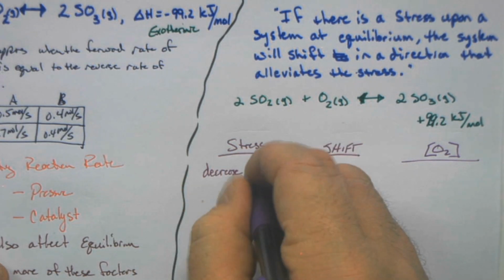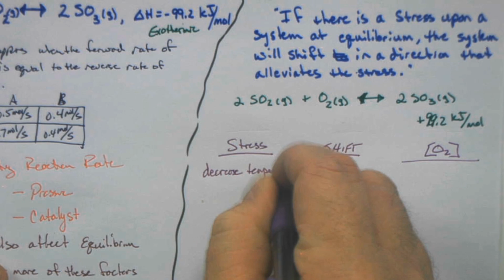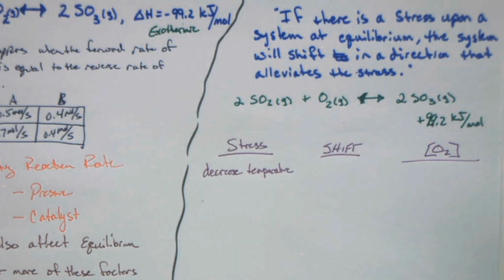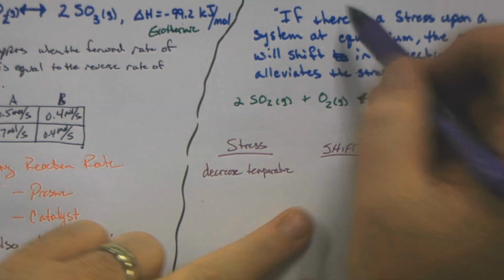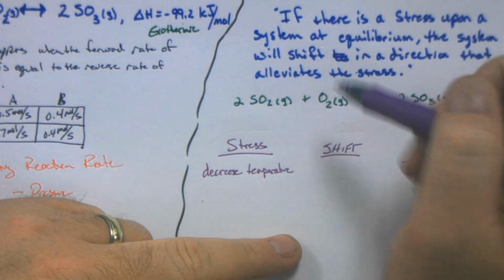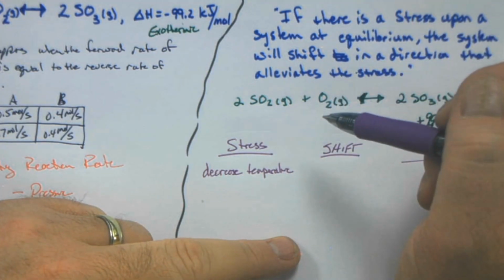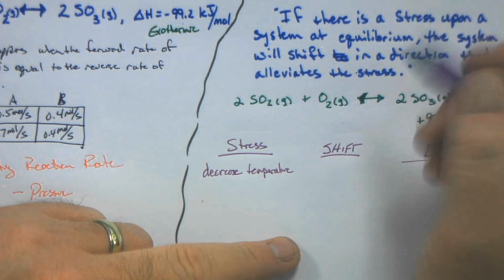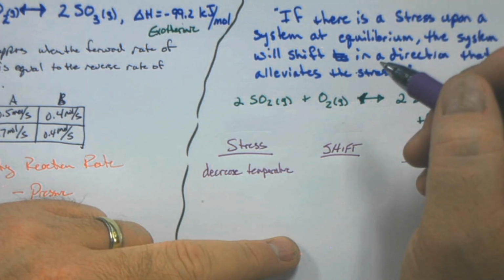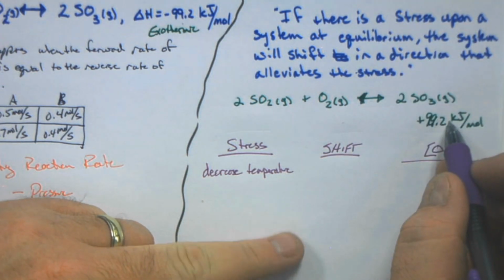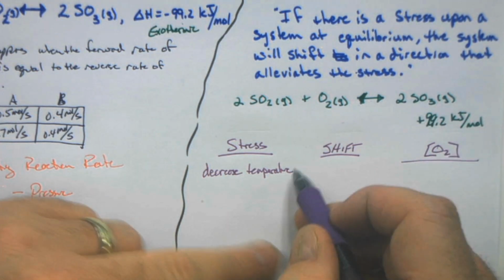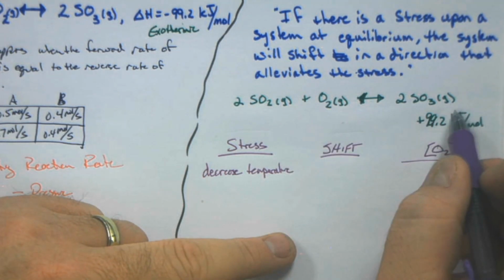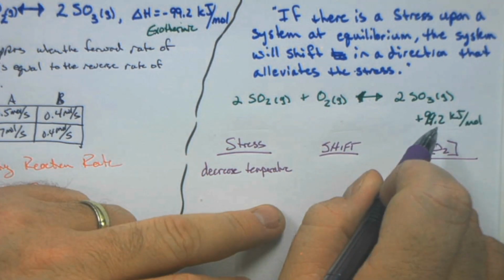All right, so the first one we're going to do is we're going to decrease the temperature. Okay, if we decrease the temperature, I'll walk you guys through it. Le Chatelier, being the jerk that he is, wants to do what? He wants to increase the temperature, right? The way that he increases the temperature is by producing more heat. So to produce more heat in order to increase the temperature again, he is going to shift the reaction towards the side that produces the heat.